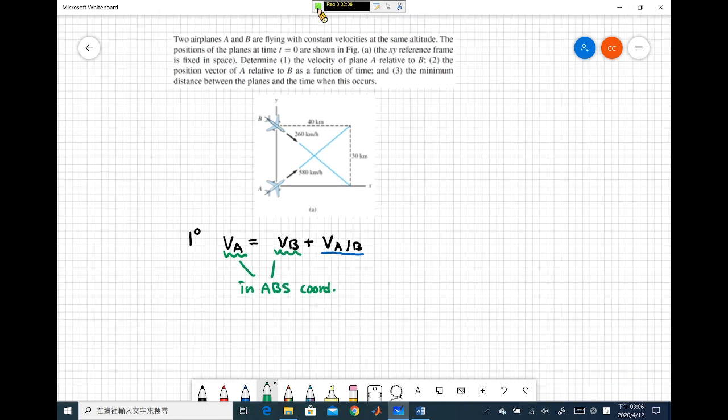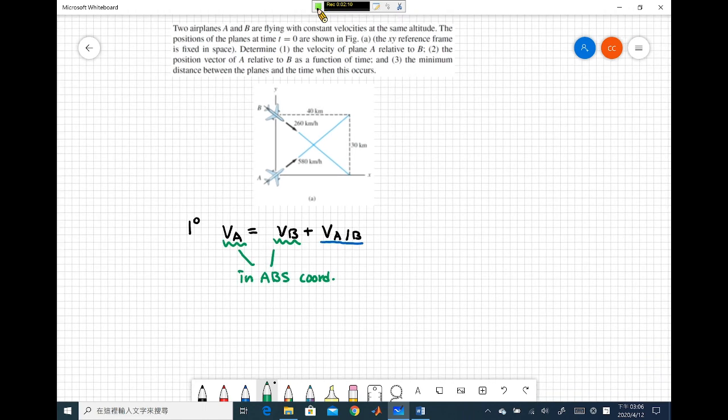Okay, so now we would like to present VA and VB in terms of i and j, in terms of the XY coordinates. So your VA will be 580 times the unit vector. For this triangle, it's 3, 4, and 5.